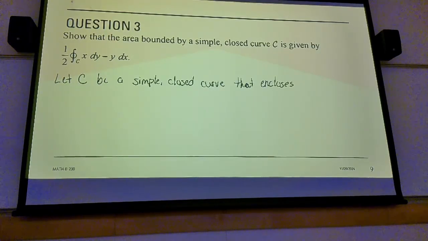So let C be a simple closed curve that encloses a region D. That is, C is the boundary of D. We can use Green's theorem.